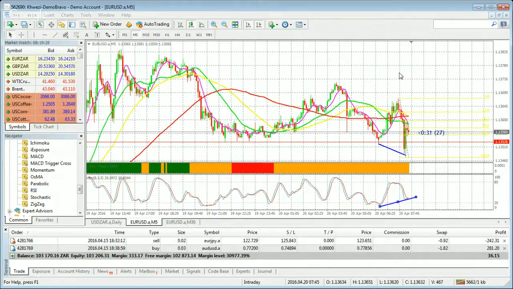Okay, it's starting to be pushed down now. Interesting. Probably starting to build up a bit of momentum.